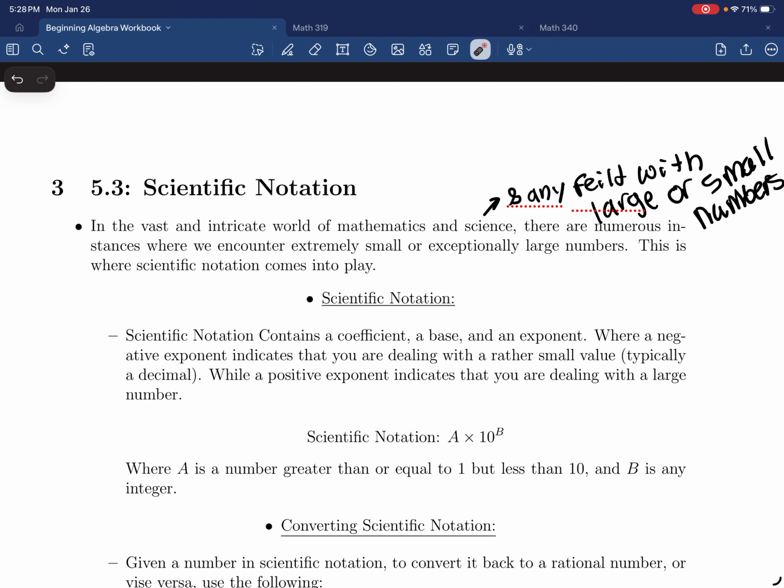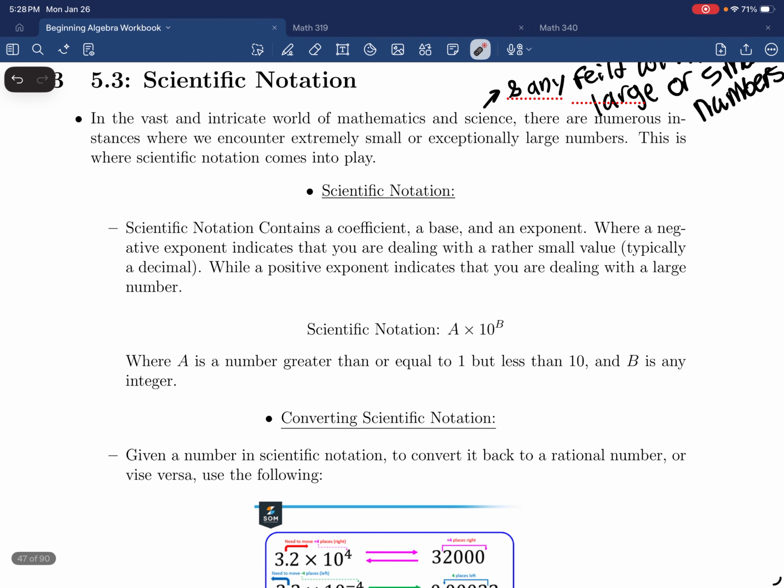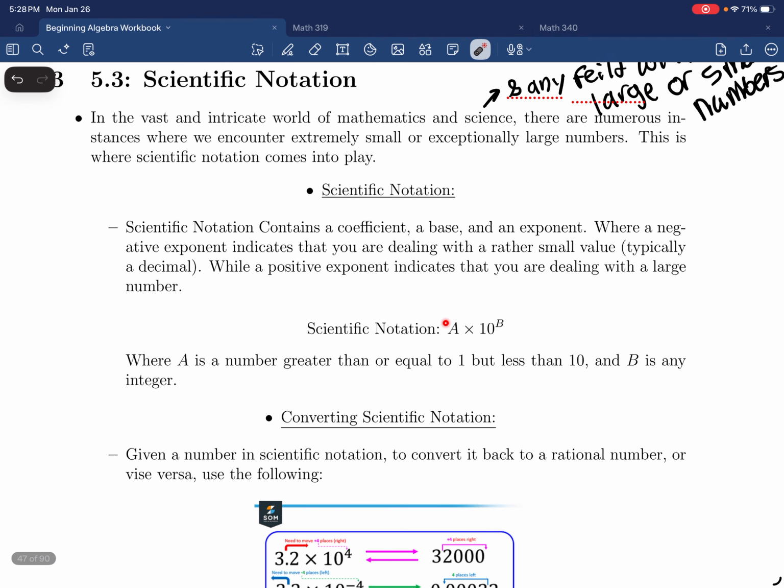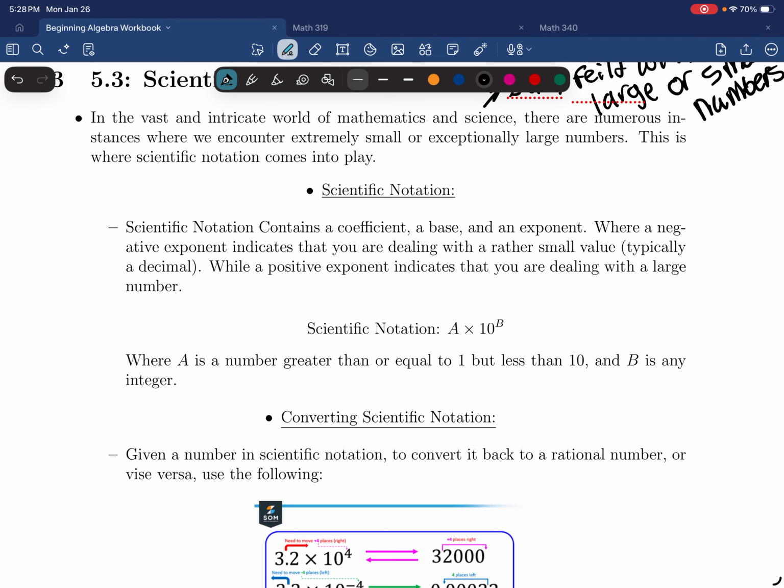Scientific notation, in essence, contains a coefficient, and a base, which is the number that's attached to the exponent. The base with scientific notation is always going to be 10. Now, there's an exception.